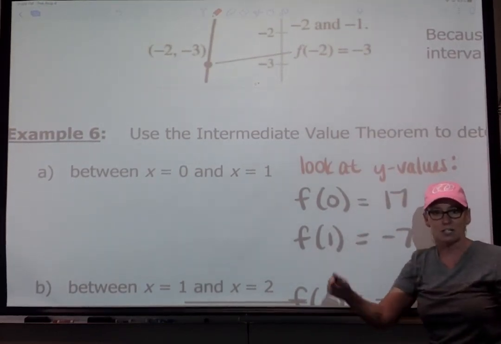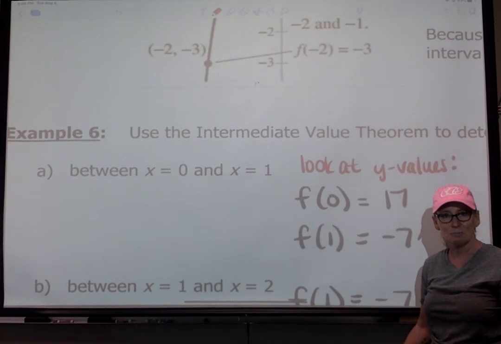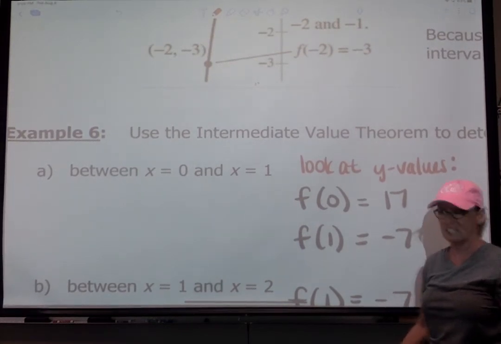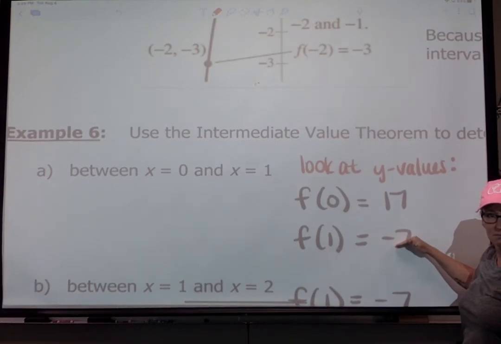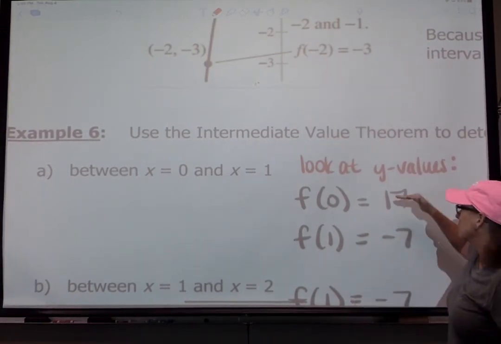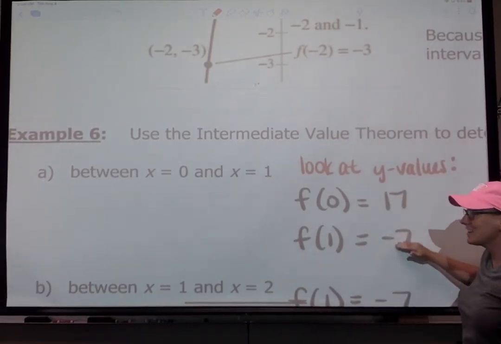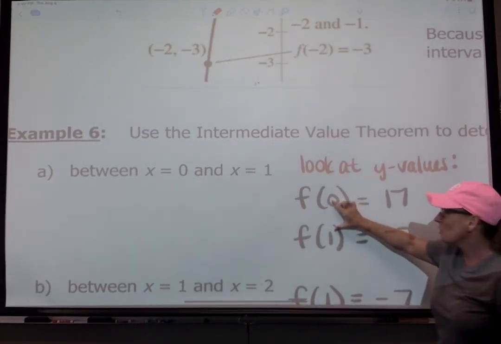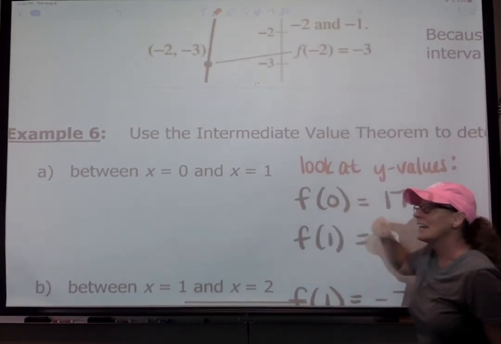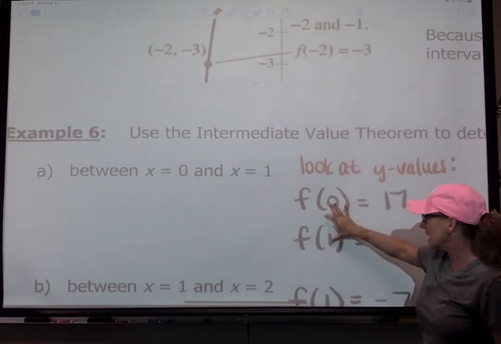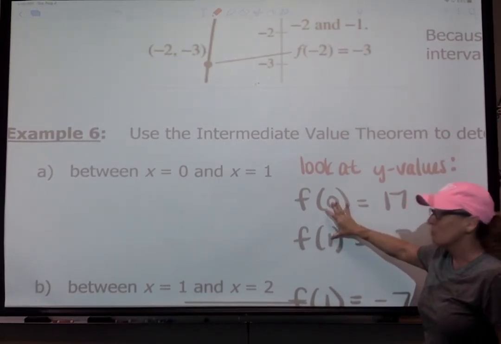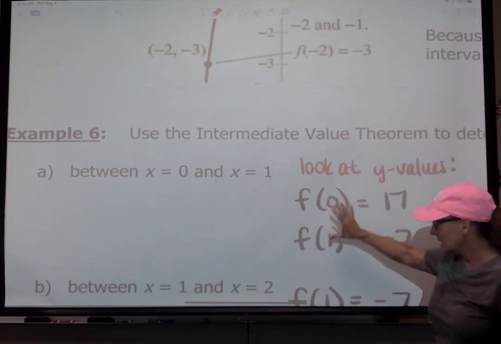Do you think your function crossed the x-axis in between there? Heck yeah, it did. It went from positive y's to negative y's. So, talking x values, my root, my 0, my solution, my x-intercept had to be somewhere between x equals 0 and x equals 1.